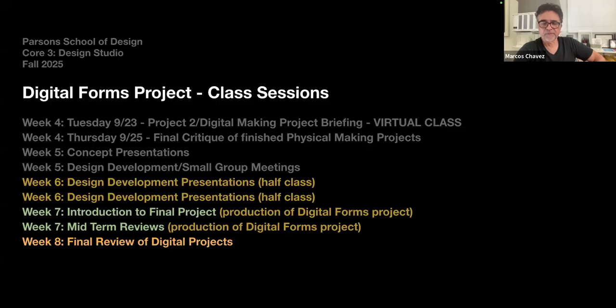In that review, you'll just present a short little presentation of some options for causes you're interested in pursuing for your independent project. I will give you more details on what's required on Tuesday of week 7. And then that means that on week 8, on Tuesday, instead of having the introduction to final project, we're going to have the final review.